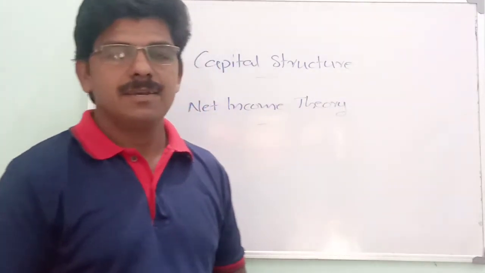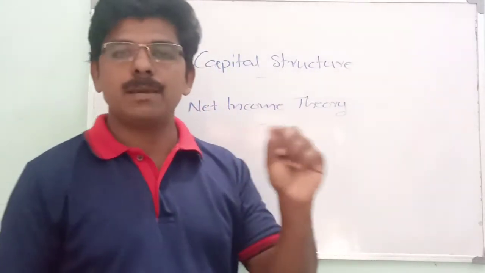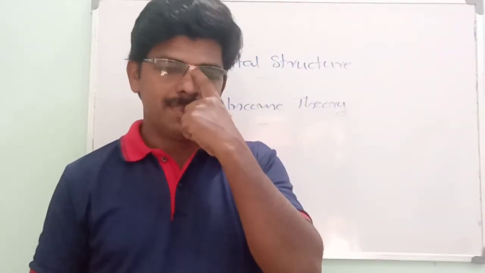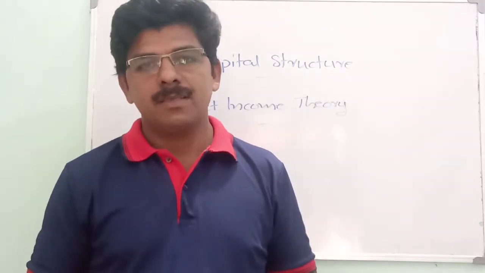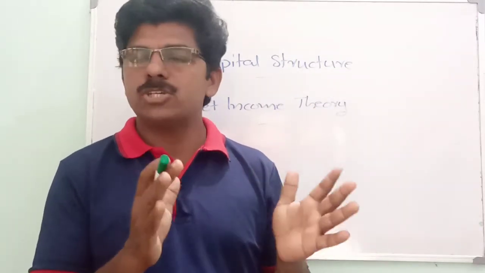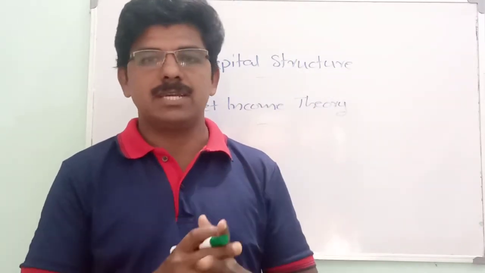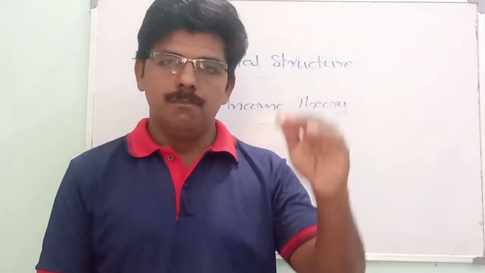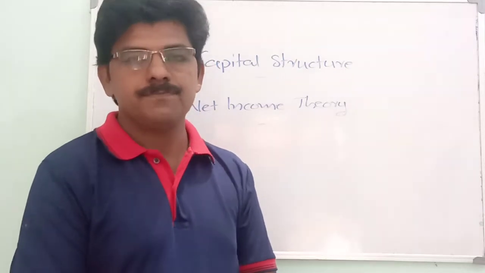What is capital structure? Capital structure is the makeup of capitalization. It is that structure, the composition of debt and equity, that maximizes the firm's value and minimizes the overall cost of capital.